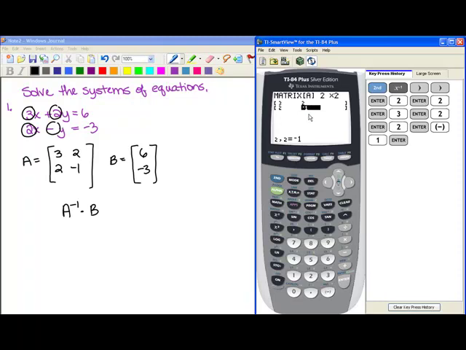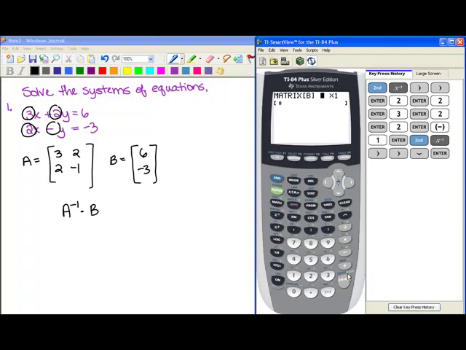Now we need to go enter matrix B into the calculator. Press second, matrix, go to the right to edit, and choose matrix B. Tell it the order.